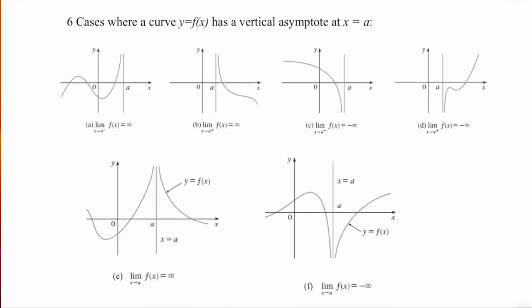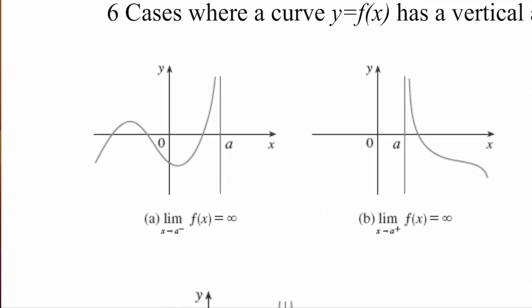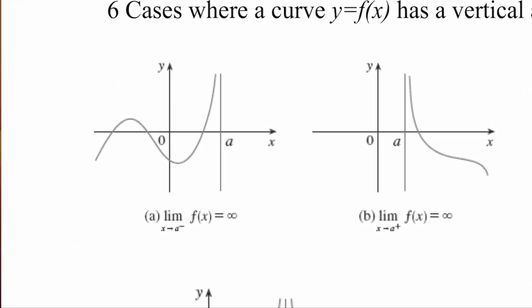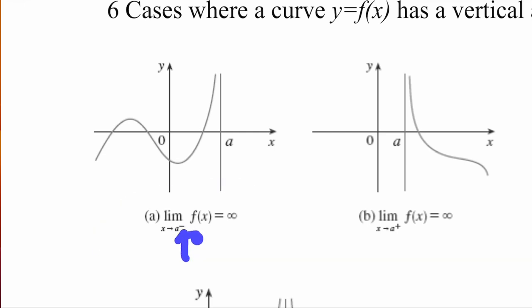So let's look at this notation. There are 6 cases where the vertical asymptote at A has an answer of positive or negative infinity. Do you see how this has that little negative, like exponent? That means from the left. We are going up. So from the left, we are going up, and it's really referring to that little side as we approach that vertical asymptote.